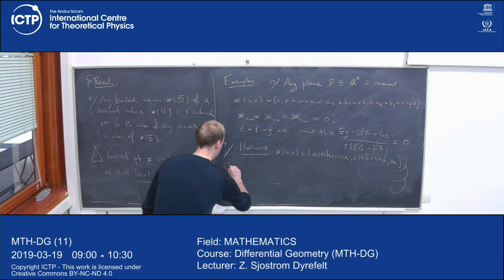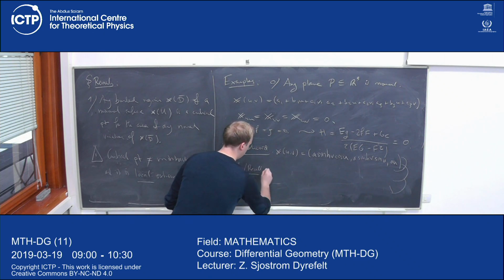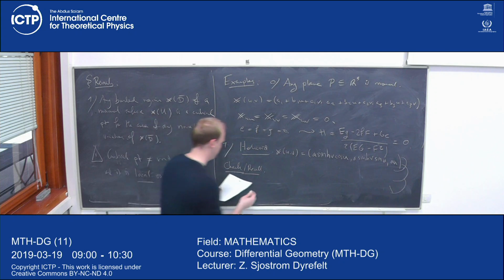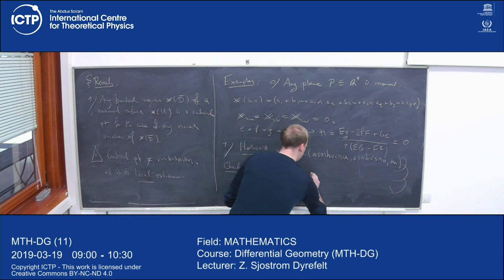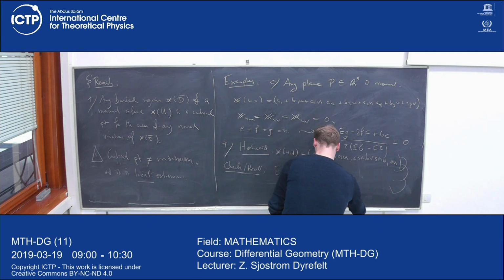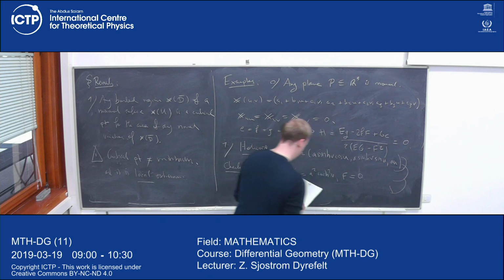So you can just check or recall, if you have probably done this calculation already, that E is equal to G, which is equal to a squared cosh squared v, and F is equal to 0.